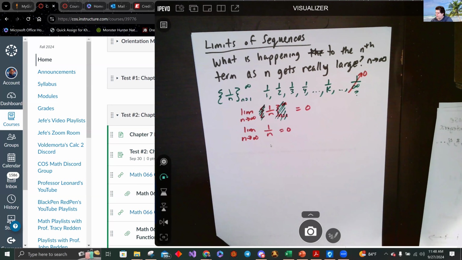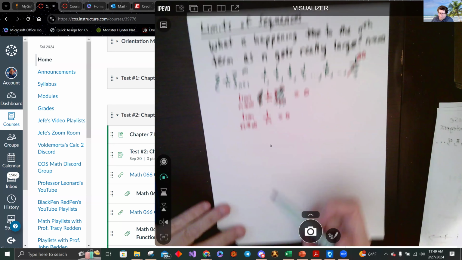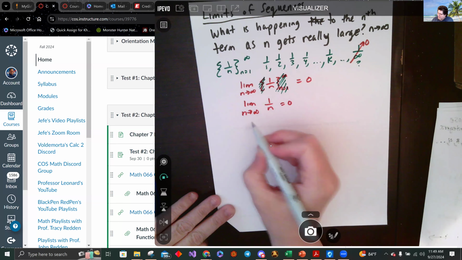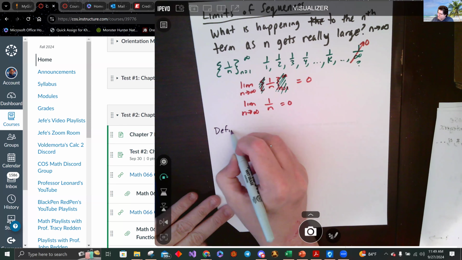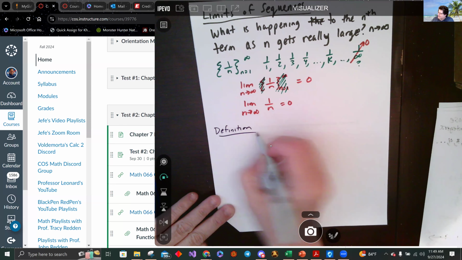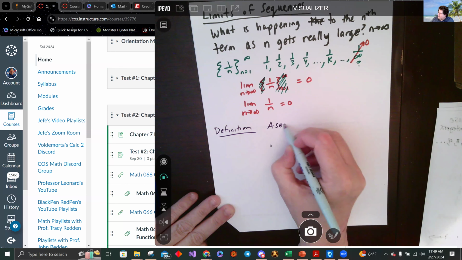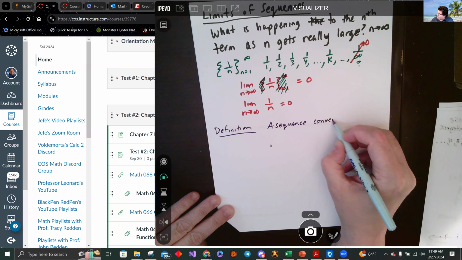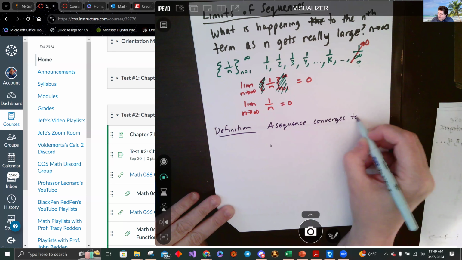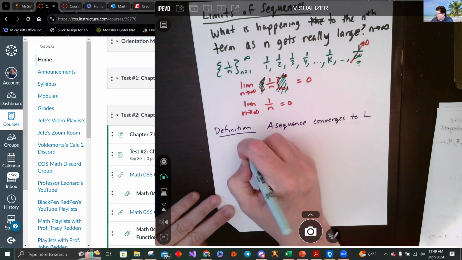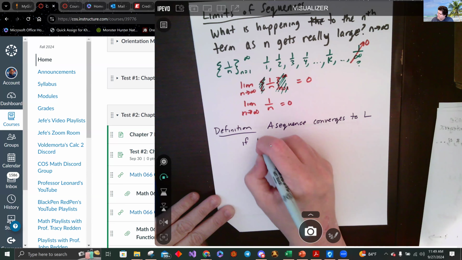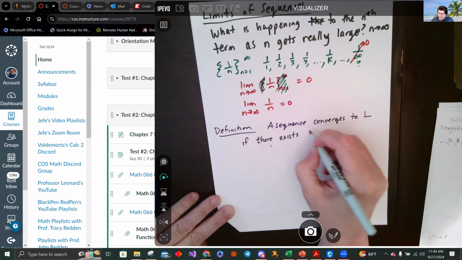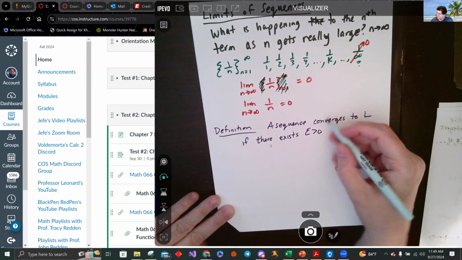So I don't know if you guys have seen the delta epsilon proof before for limit notation, but the actual definition is a sequence converges to L if there exists an epsilon greater than 0.